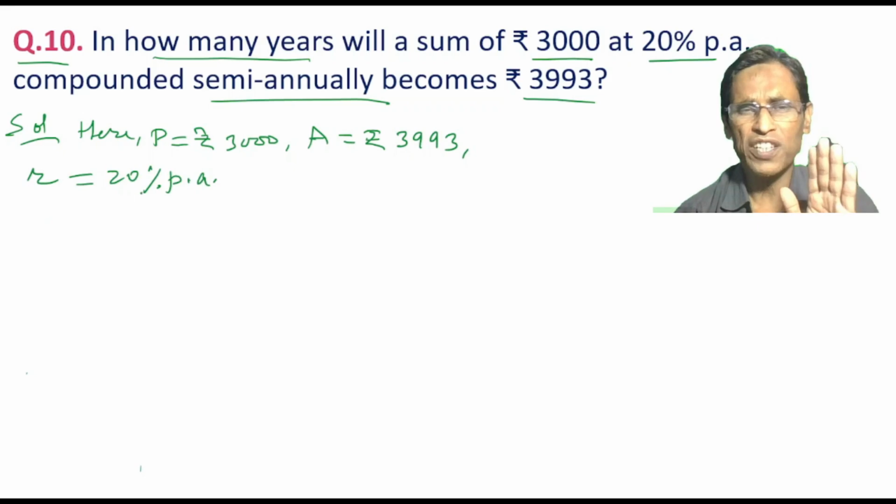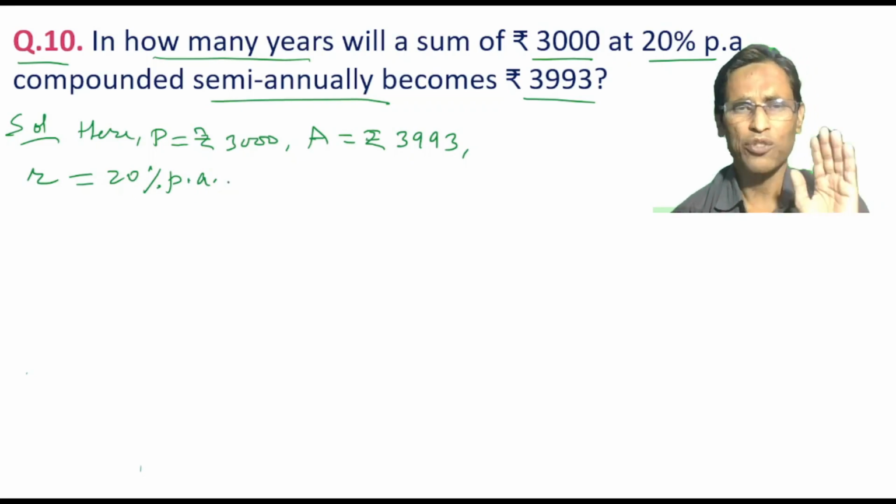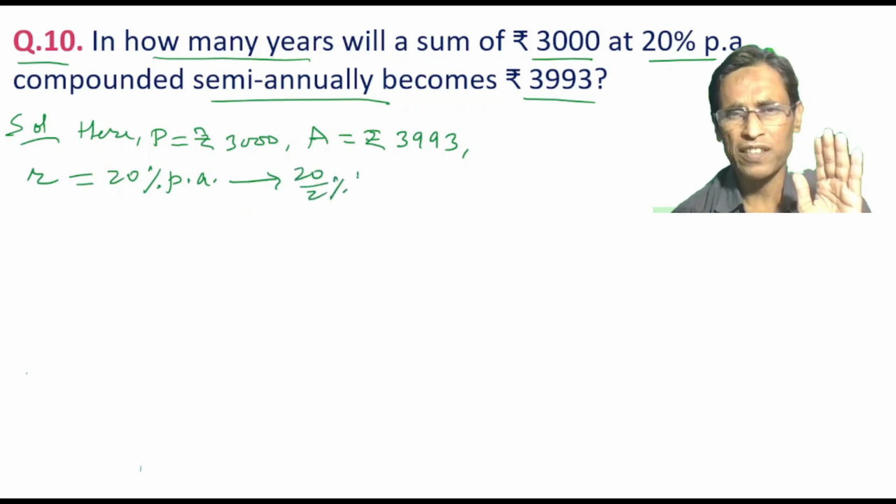Since the rate of interest is provided 20% per annum, but condition ये है कि ये rate impose किया जाएगा semi annually. इसके लिए we have to divide 20 by 2 and so it will become 20 by 2% half yearly. This means 10, and so it will be 10% half yearly.